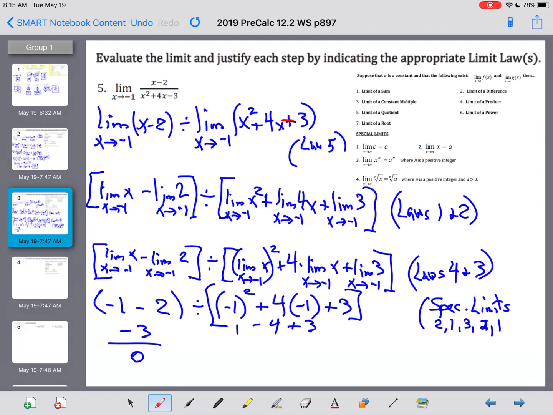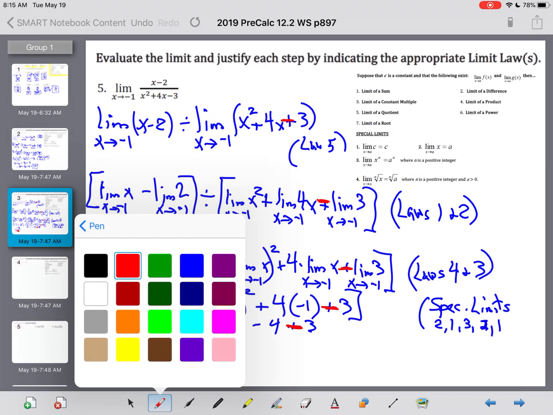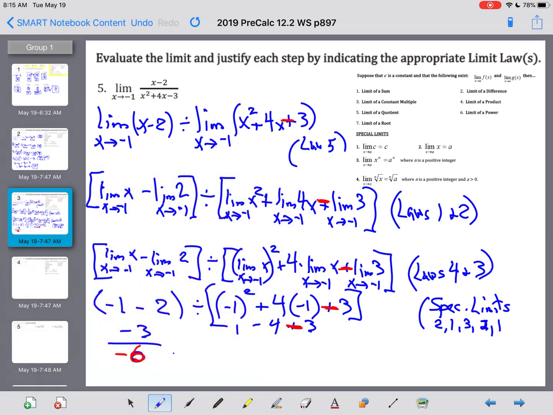This was supposed to be minus, this is supposed to be minus, this is supposed to be minus, this is supposed to be minus, this is supposed to be minus. And so that's going to give me negative 6. Okay, which then equals 1/2. Sorry about that.